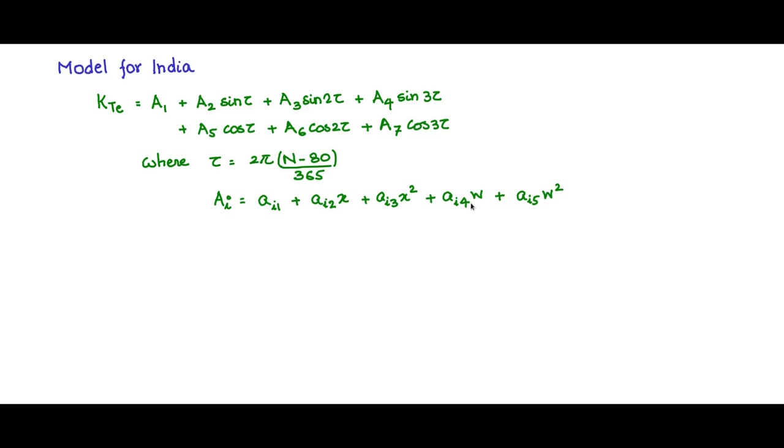We have included that into the effects of the coefficient components of AI. And what is X? X is latitude in degrees minus 35 degrees. So this set of definitions gives a very good accuracy of the estimated clearness index.